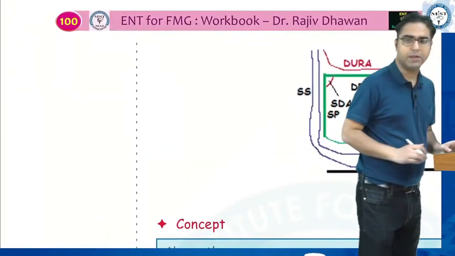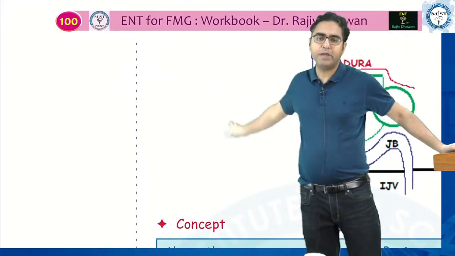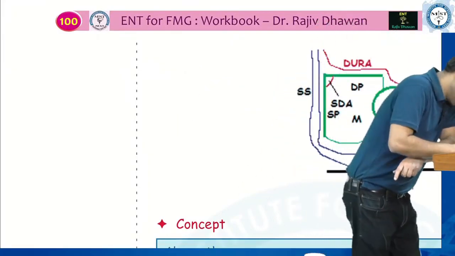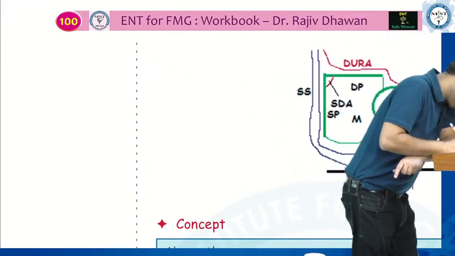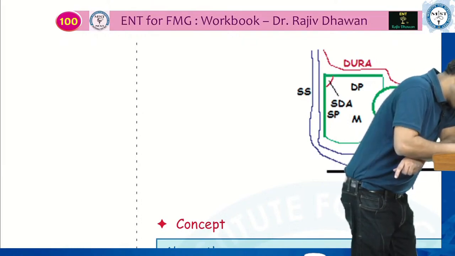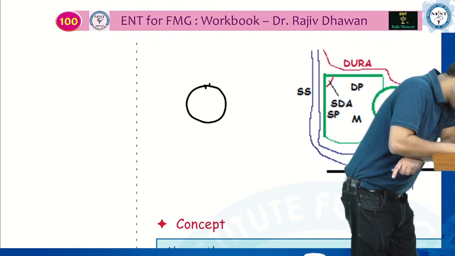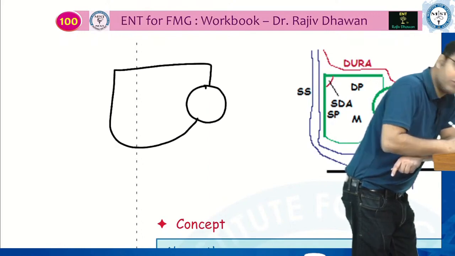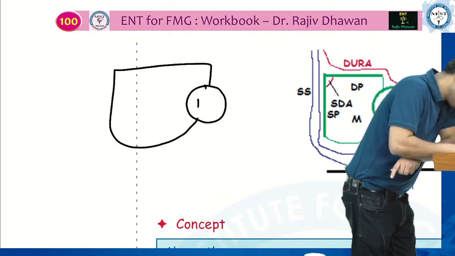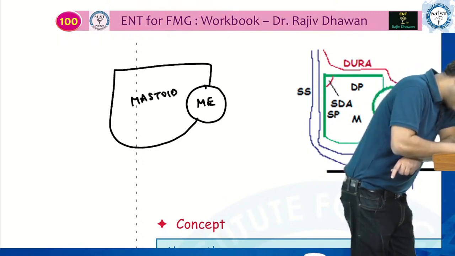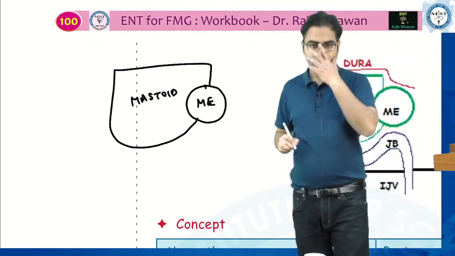Everybody draw a diagram here, beta. You have a next page, you have an empty space. All of you draw a diagram with me, beta. Please see, this is your middle ear, mastoid. I told you mastoid is a part of the ear, beta.